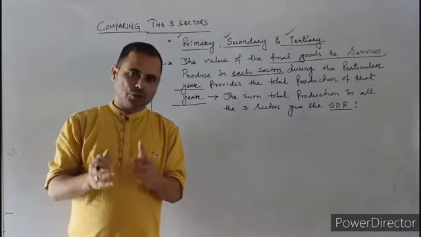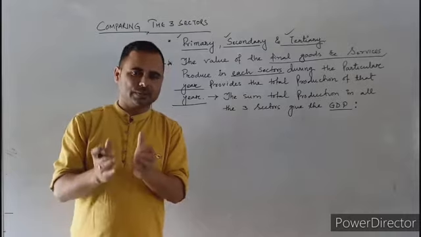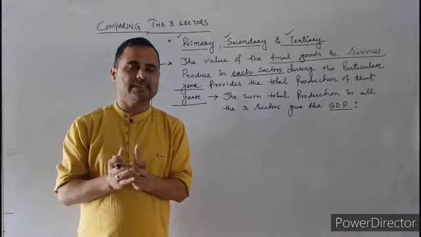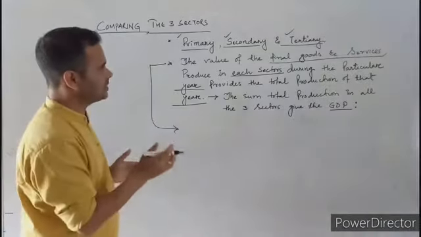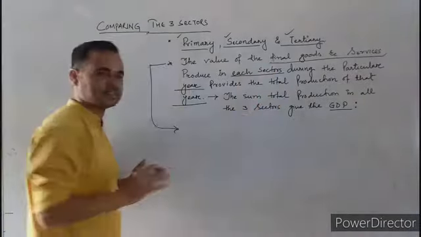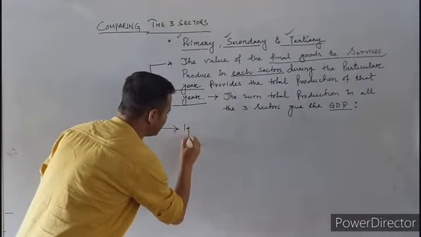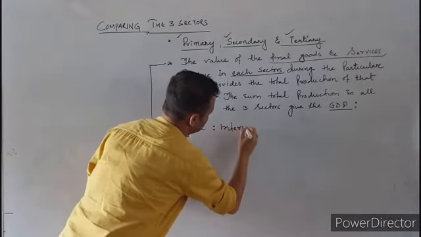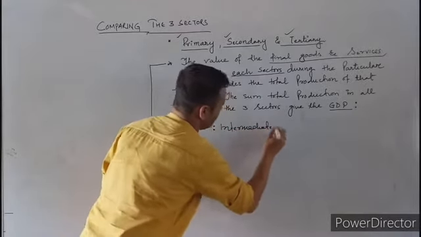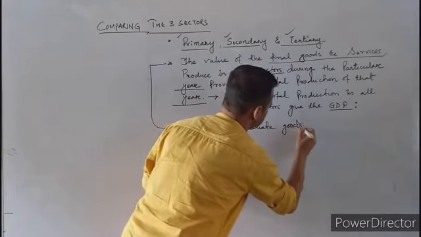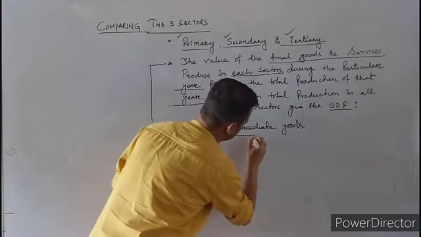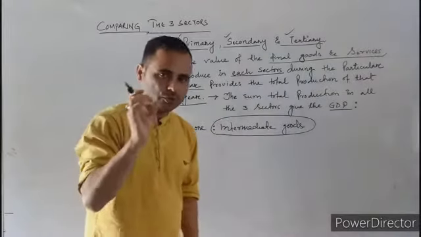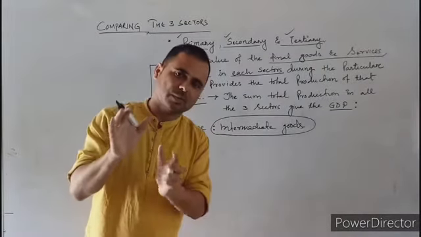So to make it easy to calculate the GDP, it just calculates the final goods and services, and it ignores the intermediate goods. Now what are these intermediate goods? Intermediate goods are those which are used to manufacture some goods.